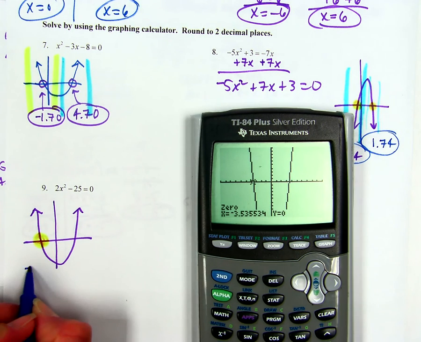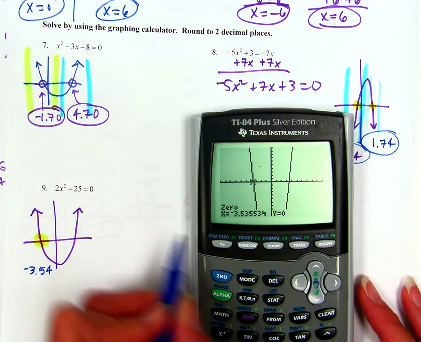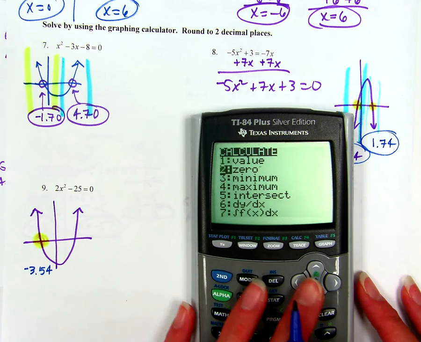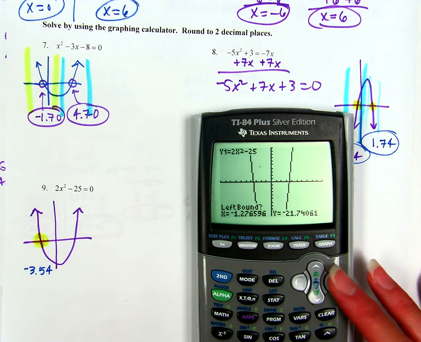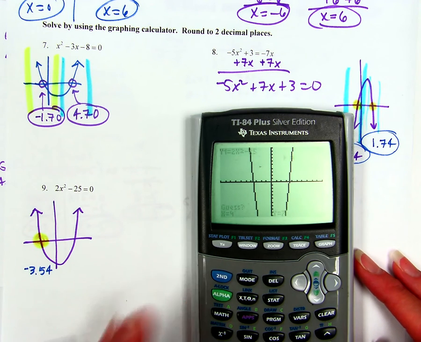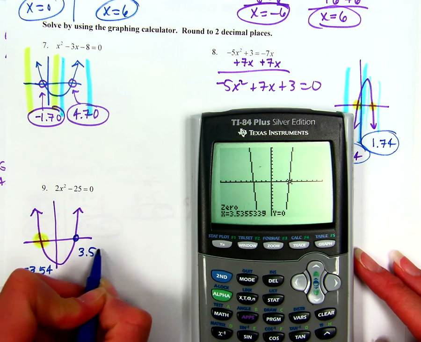And then you've got negative 3.54. This one, I can count 1, 2, 3, is between positive 3 and positive 4. So instead of doing that, I'm just going to type in 3 and 4 and get my number, and it's 3.54.